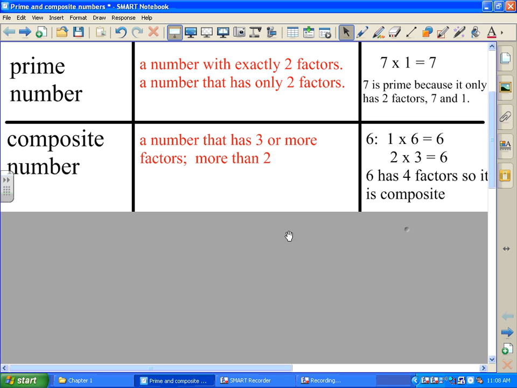I can also say 2 times 3 equals 6. So 6 has 4 factors, so it is a composite number. 1, 2, 3, and 6 are factors. It has more than 2, and that makes it composite. Okay?